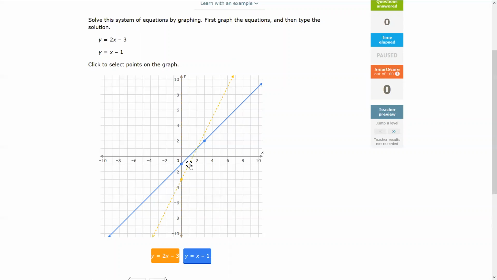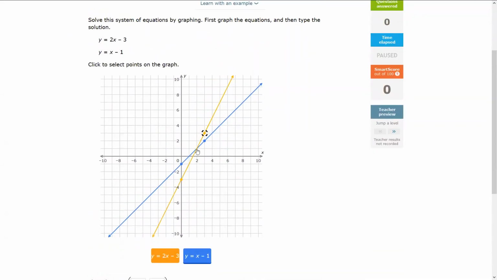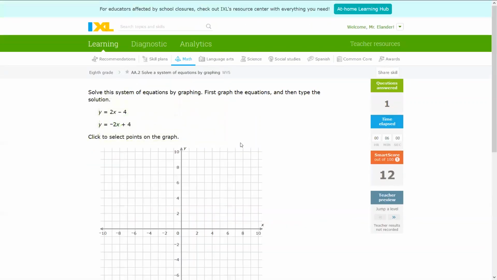Rise 2, run 1, repeating. Then I press on any of those dots, and I can see my graph. My solution's right where they touch. So that's going to be at the coordinate point 2 to the right and 1 up. So that's 2, 1. Submit. And we got it correct.